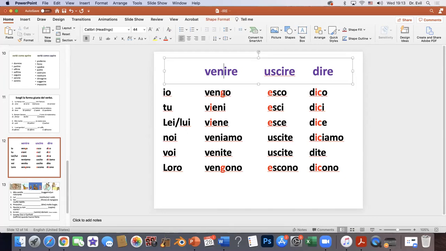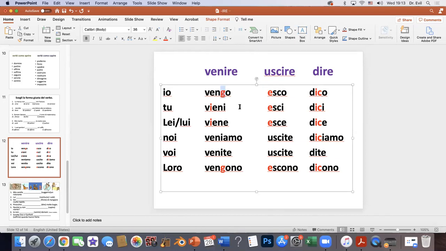It's something completely different, vengo, right? And I put all the changes in red, right? When you don't have a change, this is the way that you would predictably conjugate the verb as if it were regular, right? So nothing here. So the only, in the noi and voi, see a pattern there?